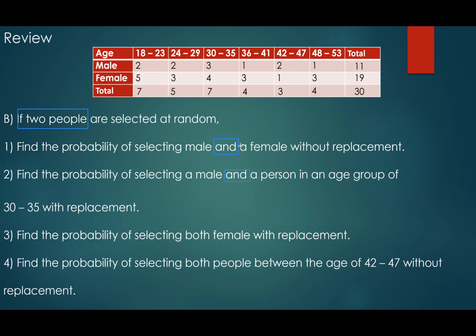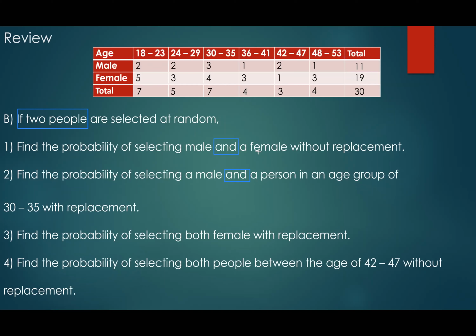But now this word and right here, what they ask is, if we select 2 people at random, find the probability that you select a male and then you go back and select a female. Meaning we select multiple times. The first time, we pick out one person, and then the second time, we pick out another person. Everybody see this versus the other one, where I select one person. What's the probability of female and in the age group, which is and also.